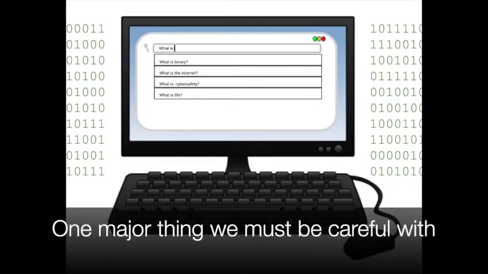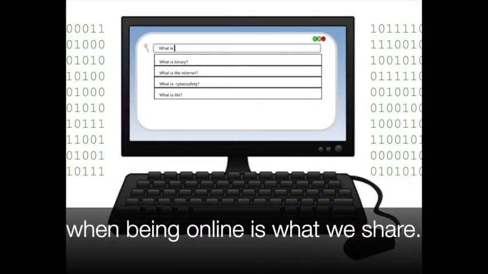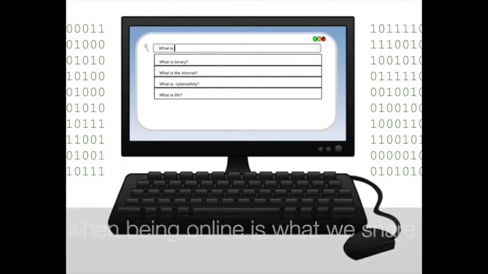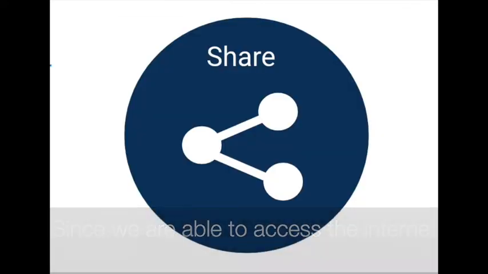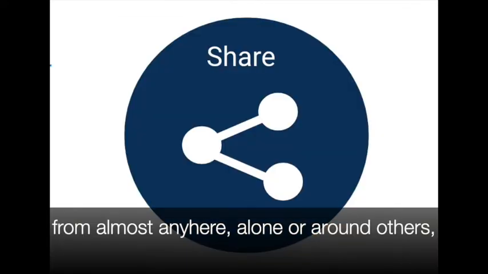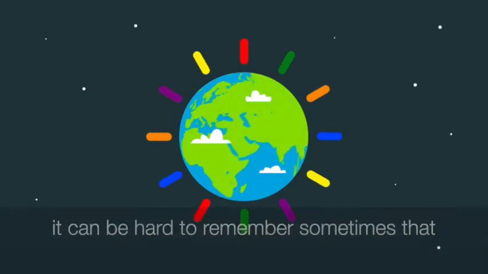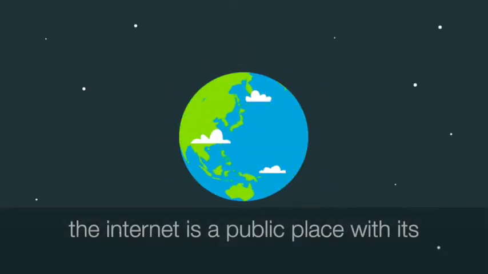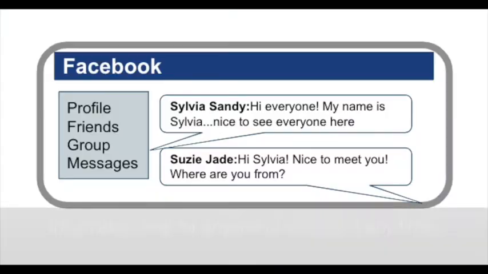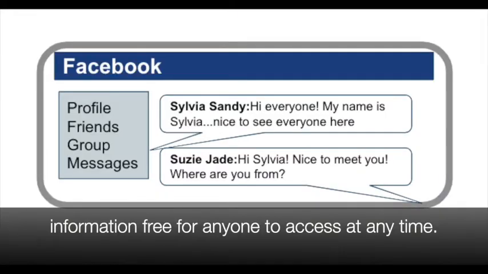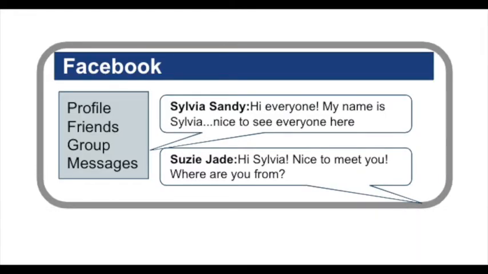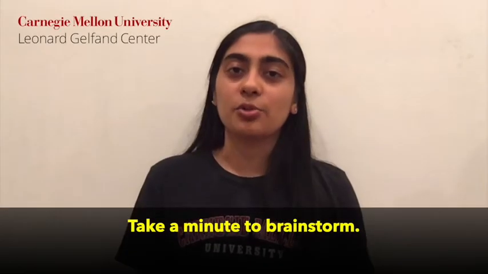One major thing we must be careful with when being online is what we share. Since we're able to access the internet from almost anywhere, alone or around others, it can be hard to remember sometimes that the internet is a public place, with its information free for anyone to access at any time. Take a minute to brainstorm.